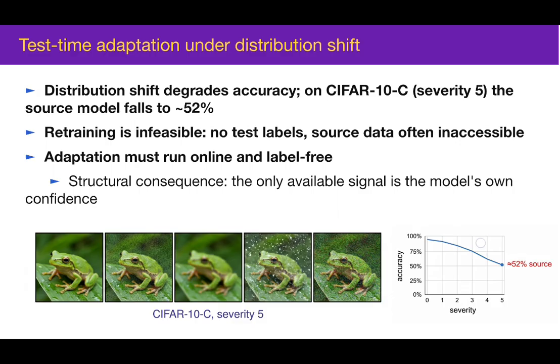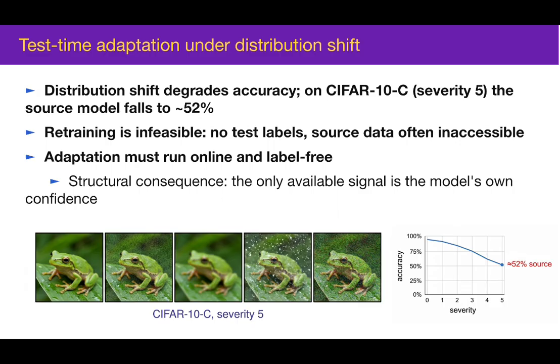And the obvious fix would be to retrain the model, but we cannot, right? Because we don't have labels or new data, and often we also cannot even access the original training data anymore.